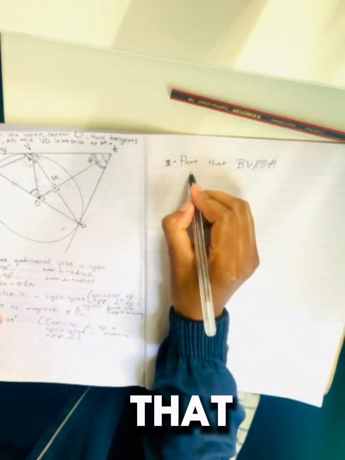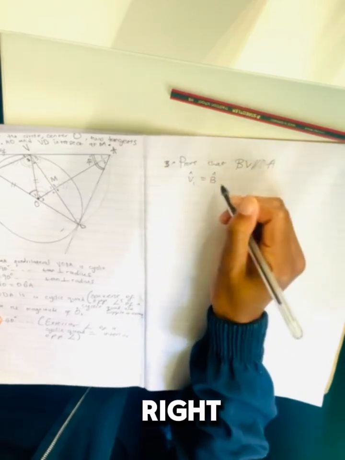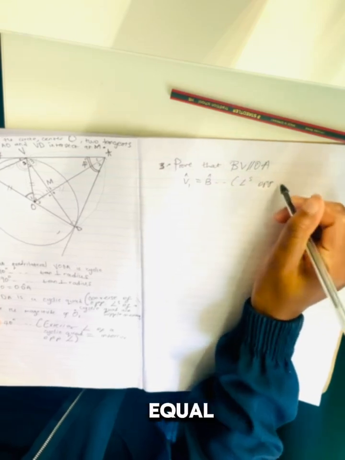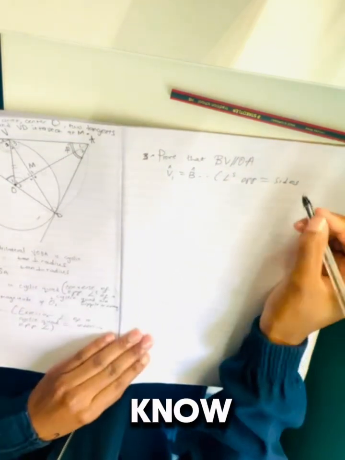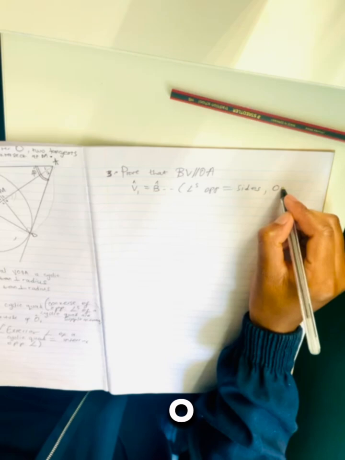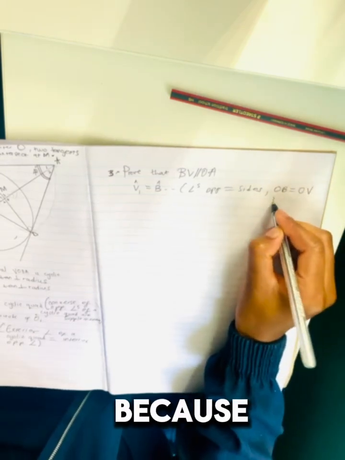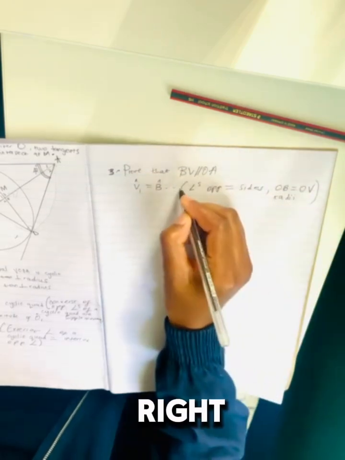So we're going to say that angle V1 must be equal to angle B. Reason: angles opposite equal sides. And we know that OB is equal to OV, because they are the radii.